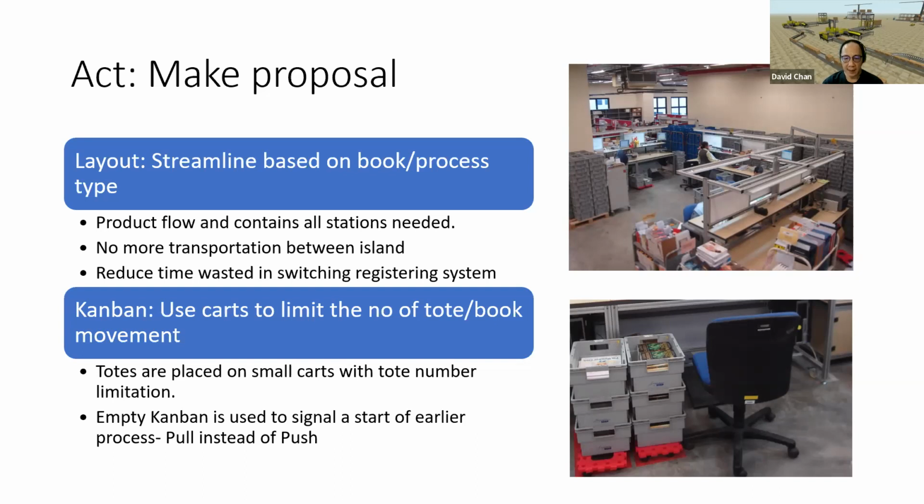Once the cart is sent downstream, and the downstream consumes all the books in this particular cart, the cart is returned back upstream. So we are using this methodology to control the operation, to limit the amount of WIP in between the two stations. So instead of pushing, now they need to pull. We are saying that this is a pull process.